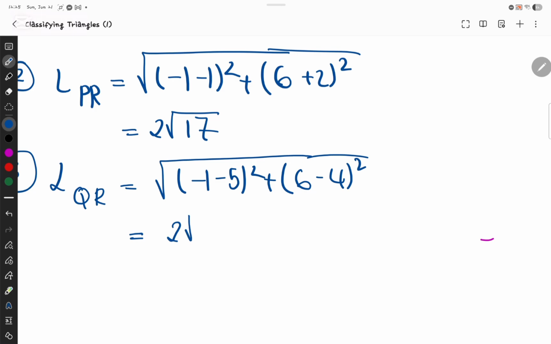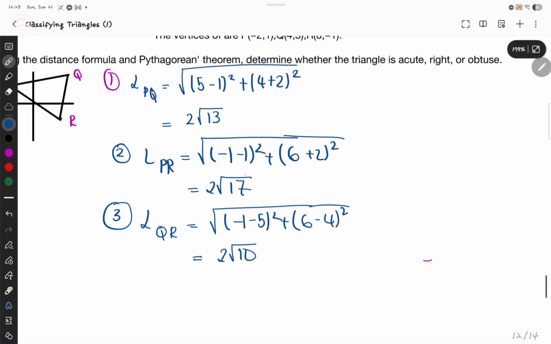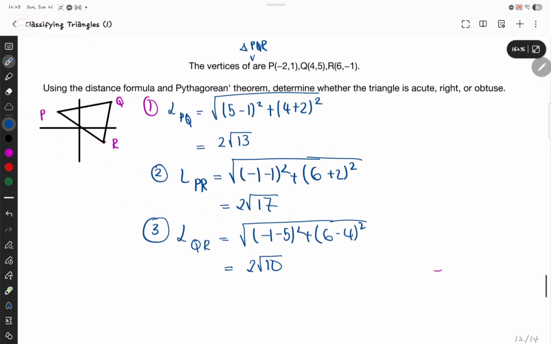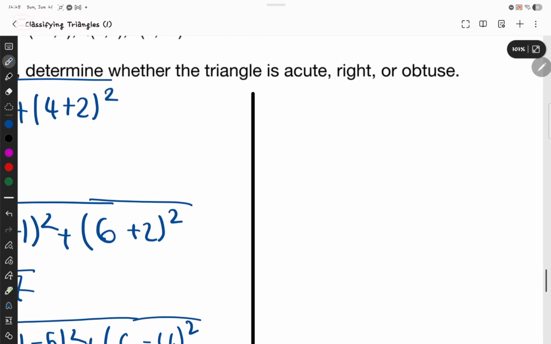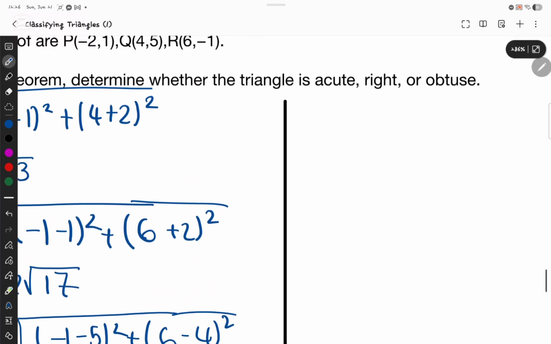That gives you 2 root 10, and the largest side here is 2 root 17. That's your c squared. So we're trying to test if a squared plus b squared is smaller, larger, or equal to c squared. So let's calculate a squared plus b squared first.